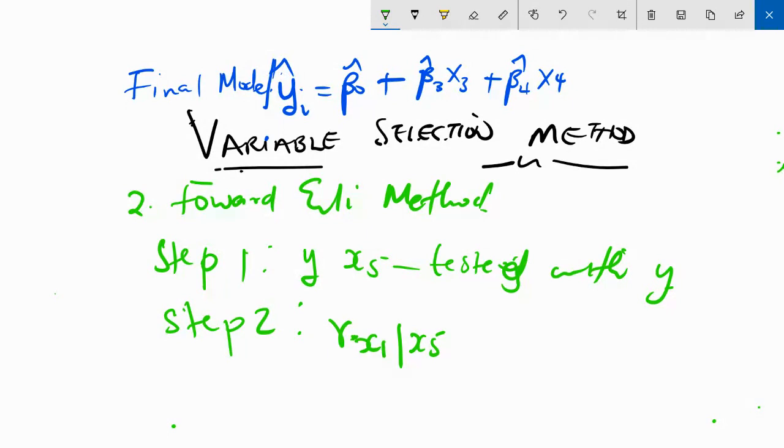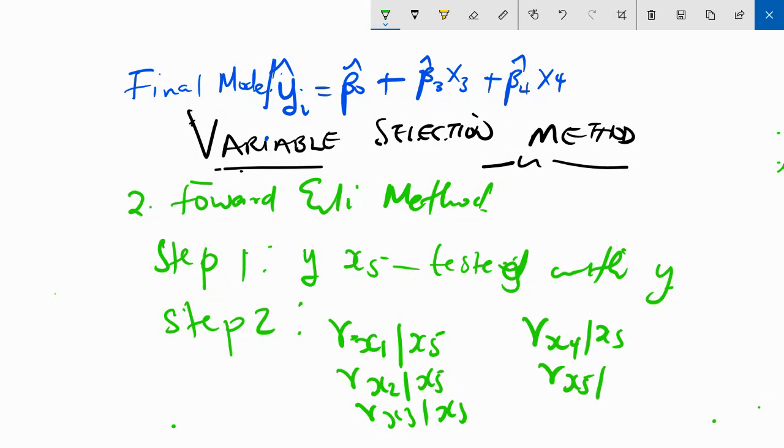So now you're going to check x1 given x5, x2 given x5, x3 given x5, x4 given x5, x6 given x5. Remember the first one was entered based on the correlation coefficient, not the conditional one.